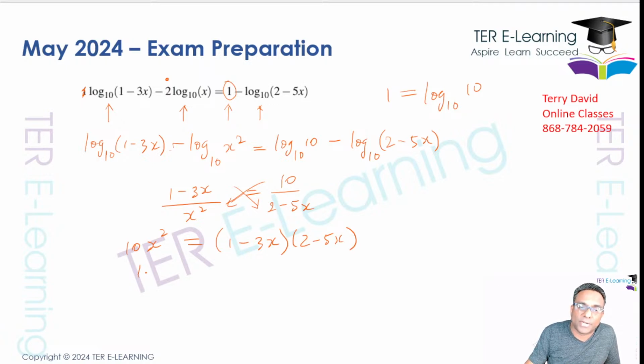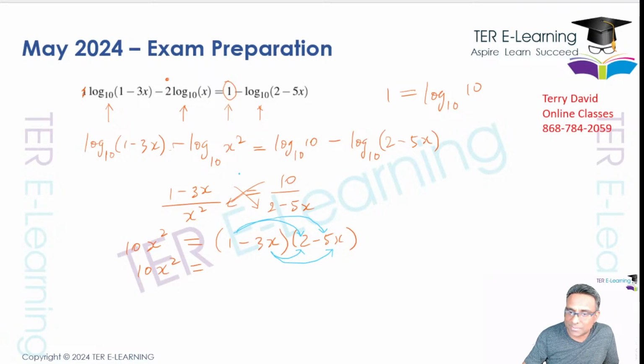So 10x squared is equal to, now we need to remove this bracket, and whenever you have to remove a bracket, take your time and do it in a systematic way. Take this term and multiply by this, then this term by this, and also this by this and this by this.